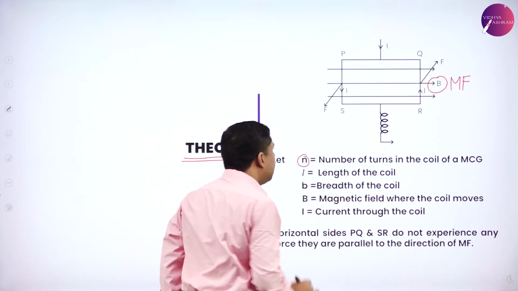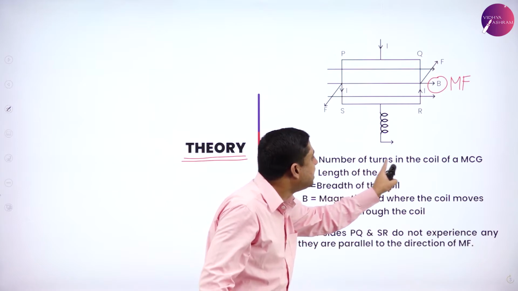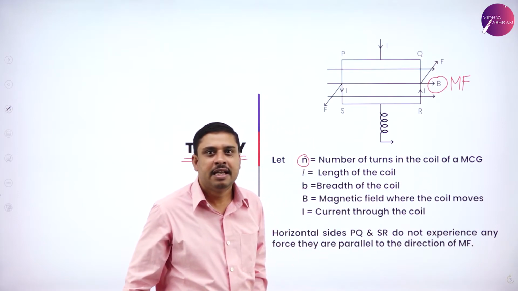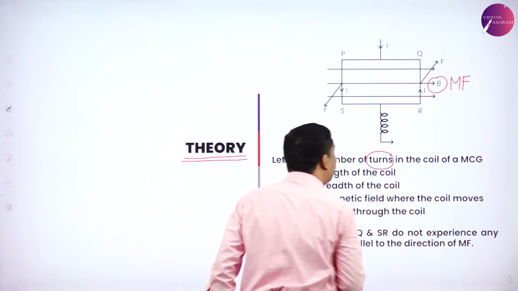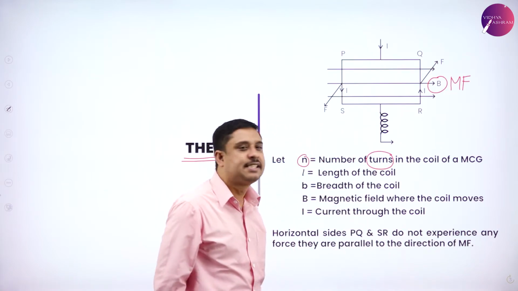Small n is the number of turns in the coil.